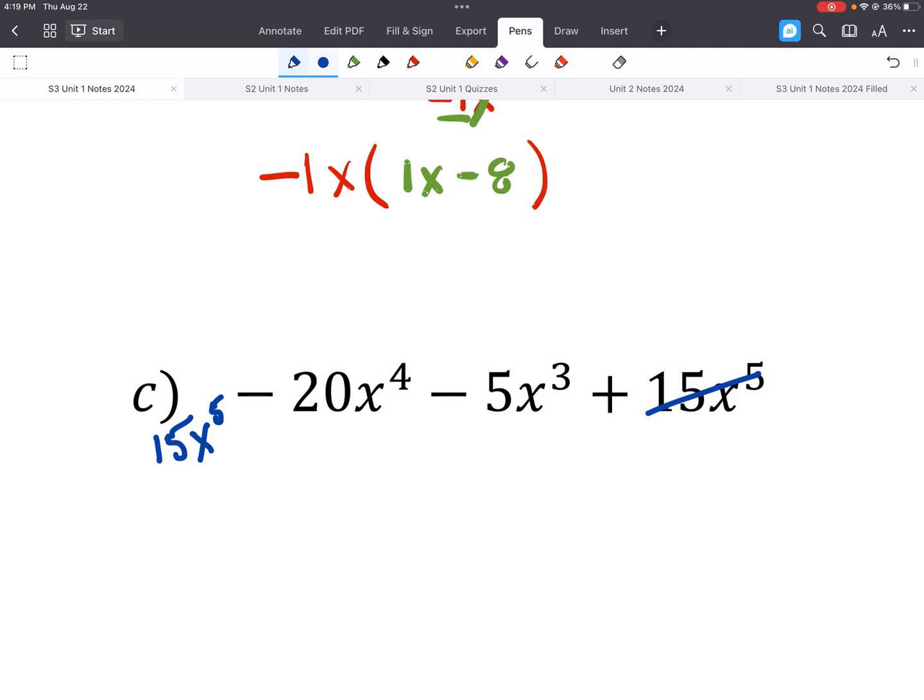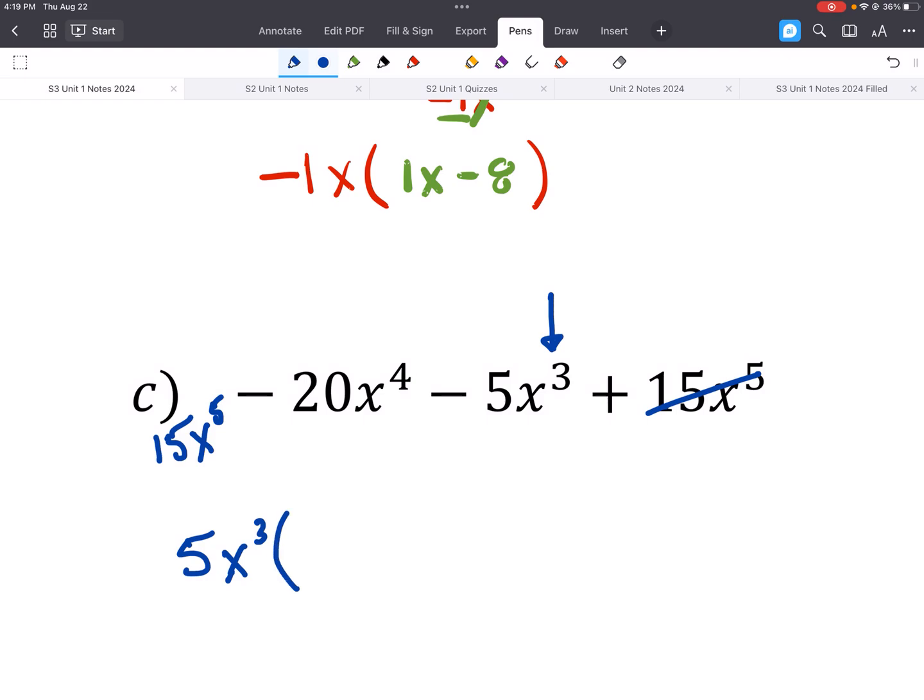There's not a leading negative, so we don't write that down. For the coefficients, it looks like it's a 5. And again, if it's in standard form, your last term tells us how many x's we could factor out. If you end up having a constant, then we can't factor out any variables.